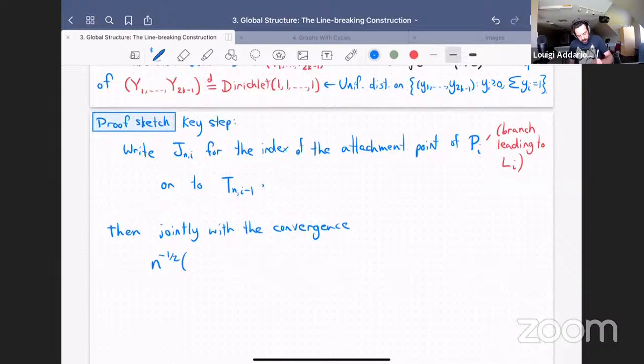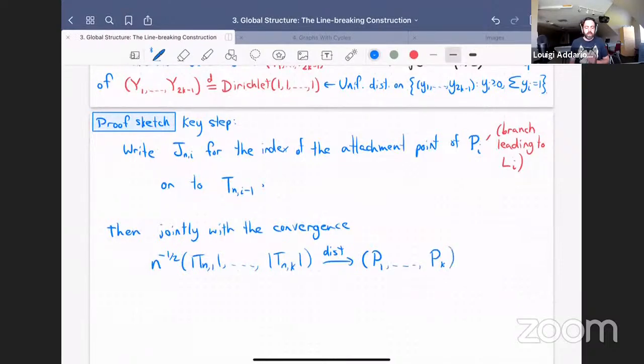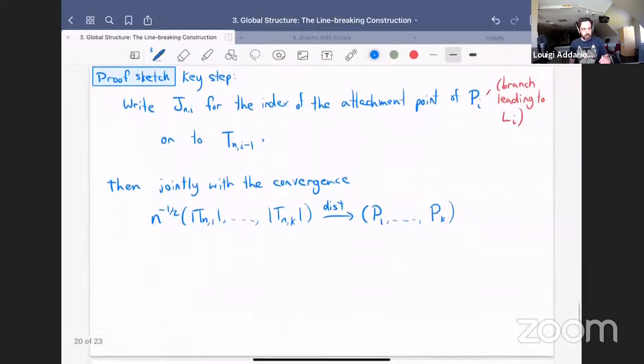So we had n to the minus a half (T_N^1 up to T_N^k) converges in distribution to the ranked sequence of atoms of this Poisson process.